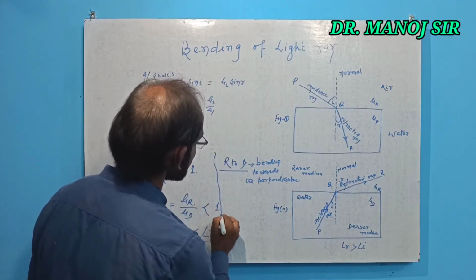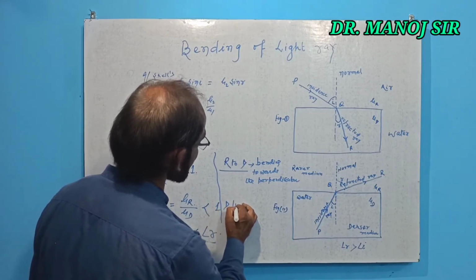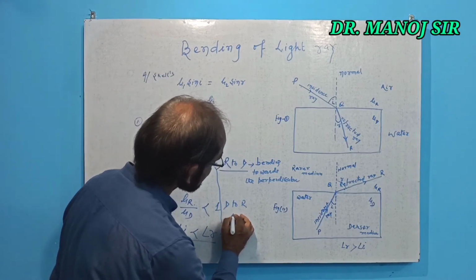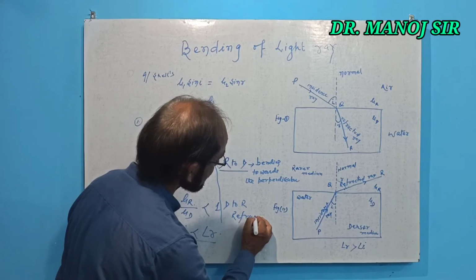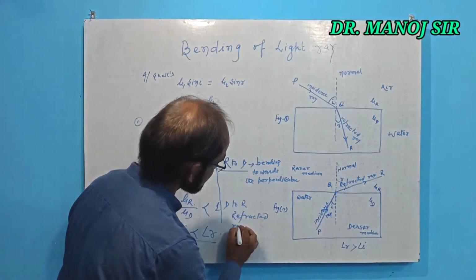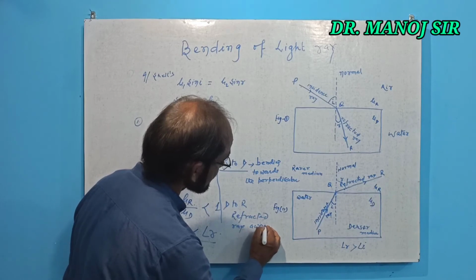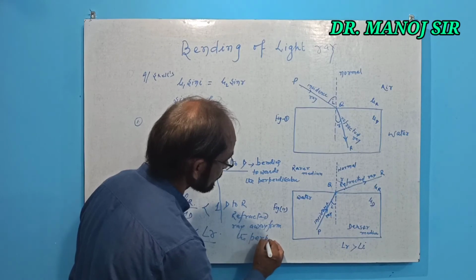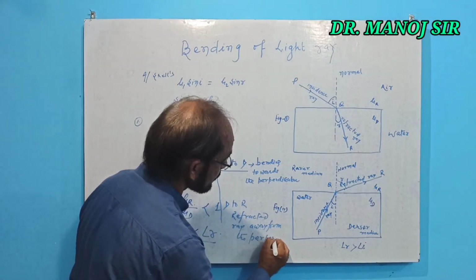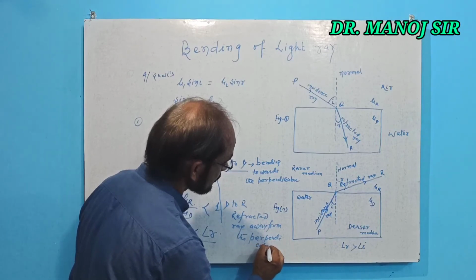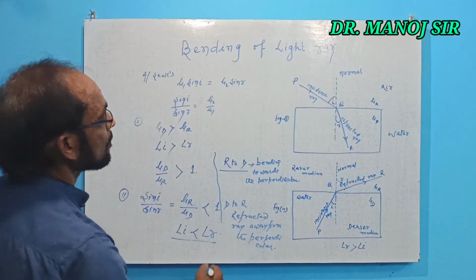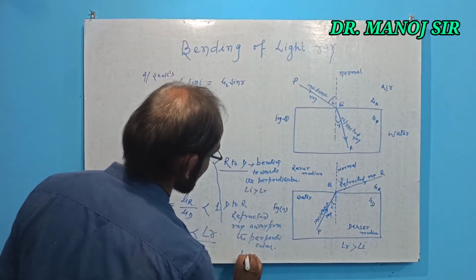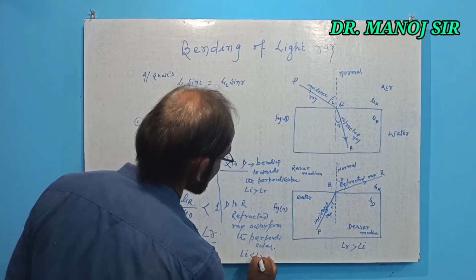And denser to rarer, the refracted ray goes away from the perpendicular. Here angle I is greater than angle R and angle I is larger than angle R.